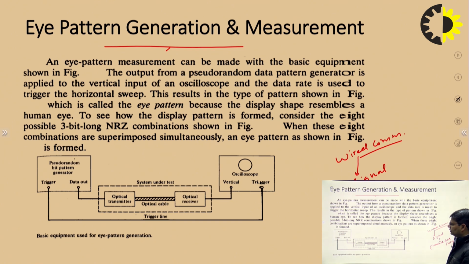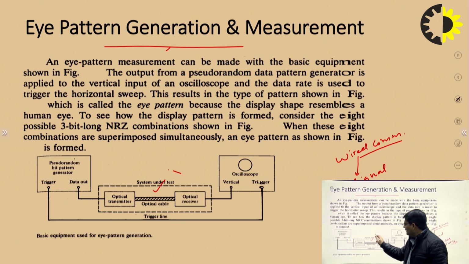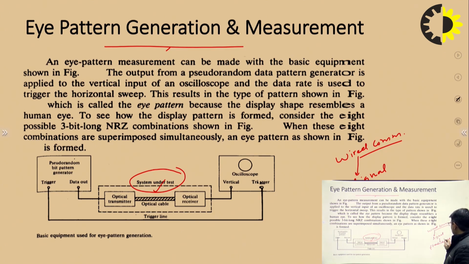So the system for which the performance is to be analyzed, or we can say any communication system which is under test, is connected with the standard BER test equipment, and on the display screen or at the output, what we get is simply called the eye diagram.